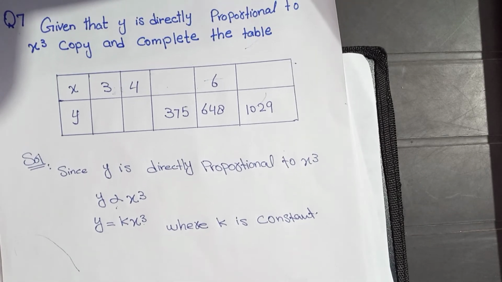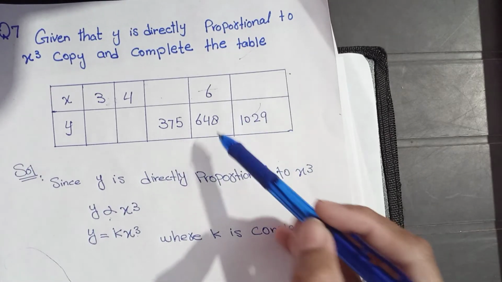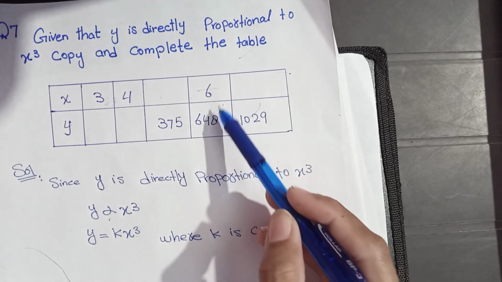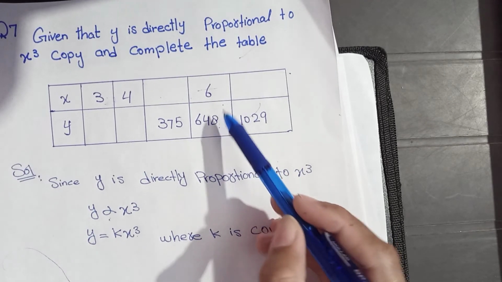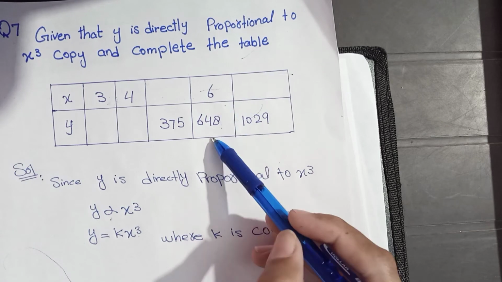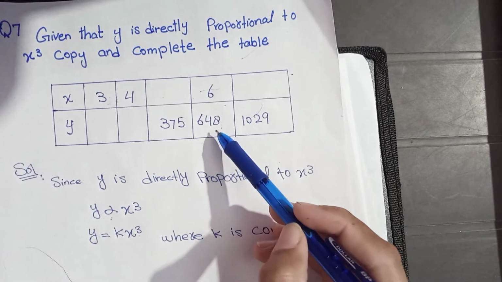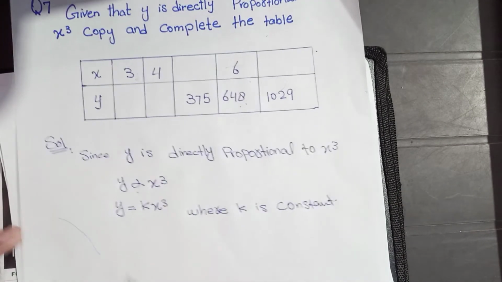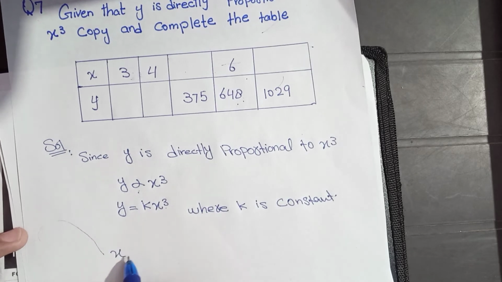For that we are given both x and y values. x is equal to 6 and y is equal to 648.